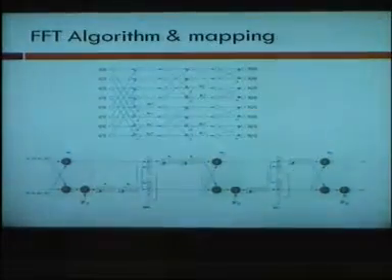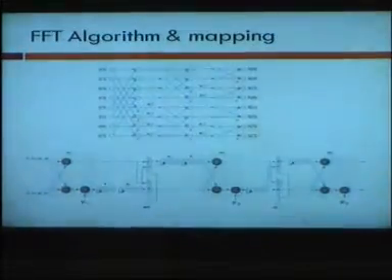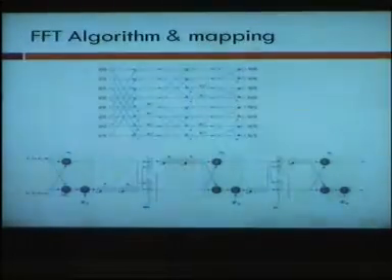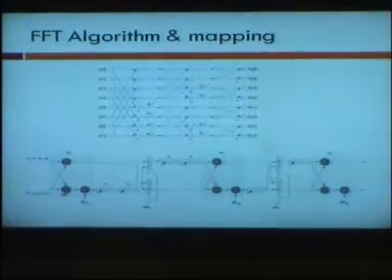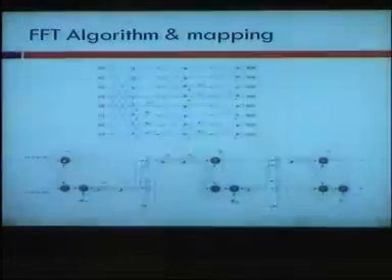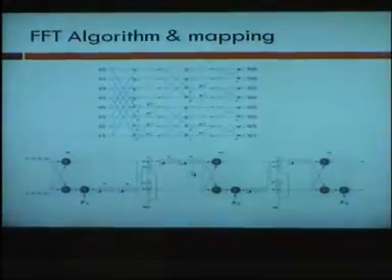And now in a hardware mapping, what it does is that instead of implementing 4 butterflies, in hardware it designs only one butterfly. So at every stage there is one butterfly, and what you see is the hardware: one butterfly, and one butterfly.